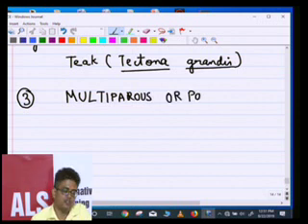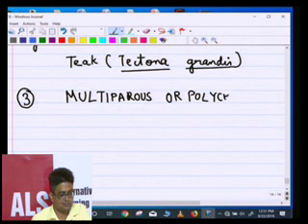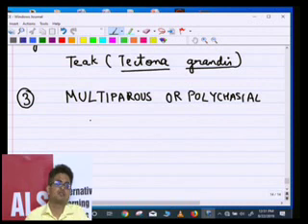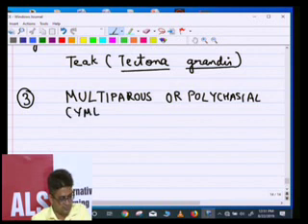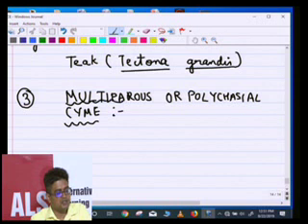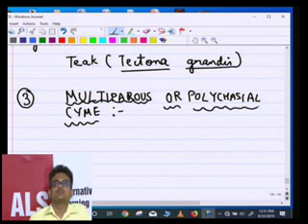This I can definitely show you tomorrow, because this plant, the example of multiparous cyme, is also in the flowering stage at present. It is called Calotropis or Madar. So look, botany becomes interesting only when you have a lot of examples to see. Otherwise it becomes boring when you do not have examples to see and things to compare to.